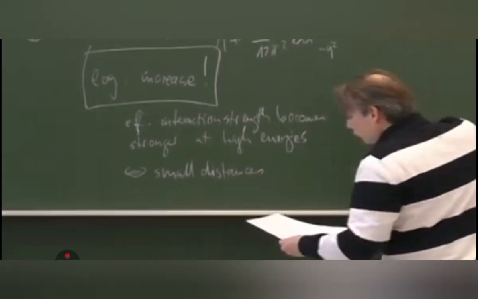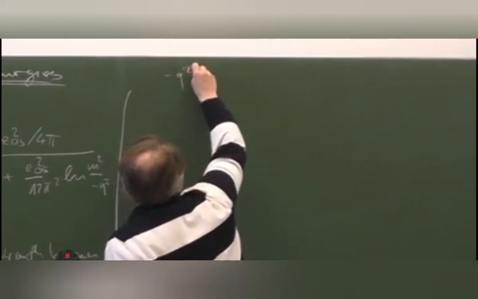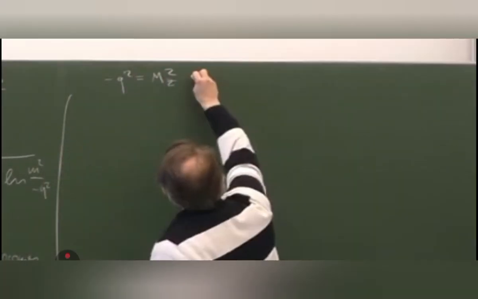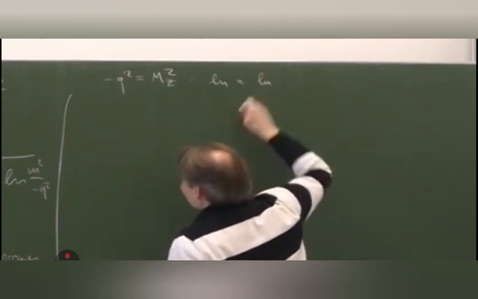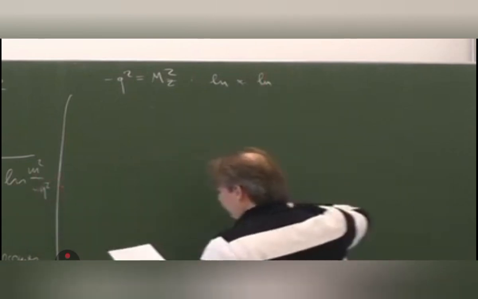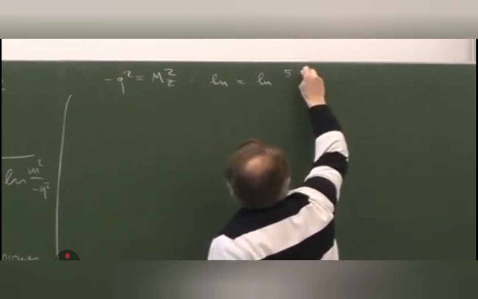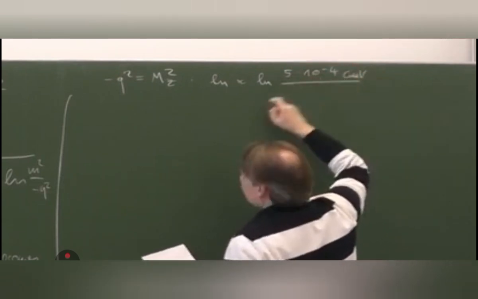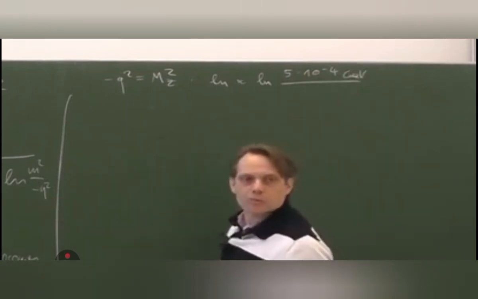So let's look at some numbers. So for example, if this minus q square is equal to the Z boson mass square, then I wrote on here some exemplary numbers. So the logarithm is then essentially the logarithm of what? Electron mass square, which is 5 times 10 to the minus 4 GeV, and the Z mass is around, do you know what the Z mass is?